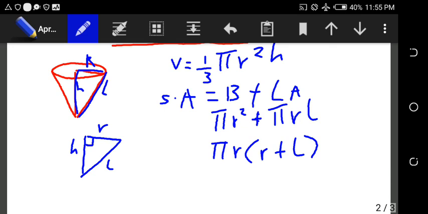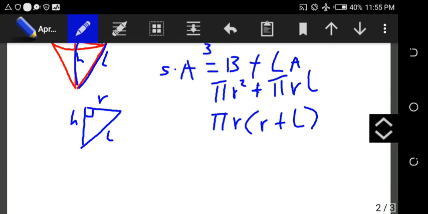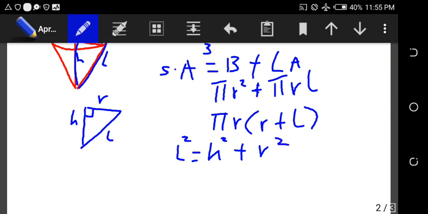Alright, so that will mean that if we are to evaluate the L, the slant height, L squared, which is the hypotenuse, is given by H squared plus R squared.